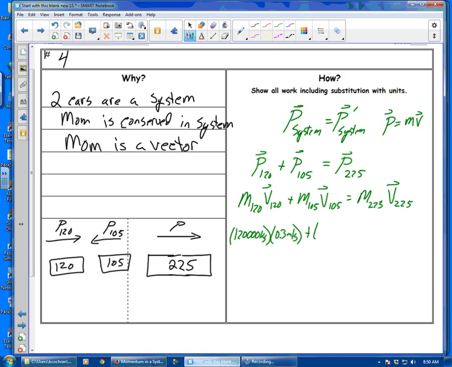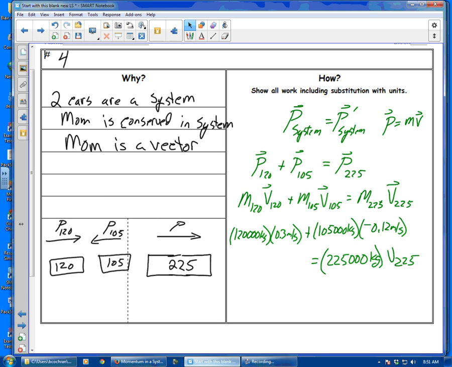So plus 105,000 kilograms times negative 0.12 meters per second. That all equals the 225,000 kilograms, which I got by adding up the inertias of the two, times V225. And I'm predicting positive. Hopefully we'll get positive, not negative. All right. And just do your calculator or do the math on it.